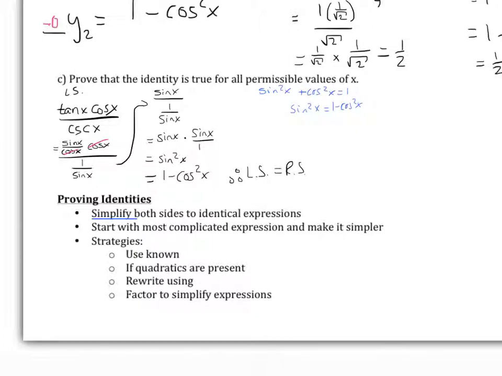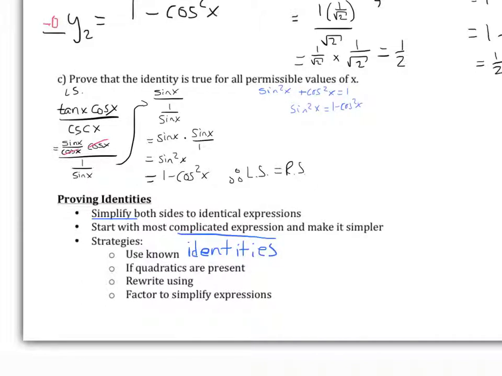I tend to start with the more complicated expression, which I think is quite intuitive. You have to be able to do something. And some strategy you can use: you can use known identities to make substitutions.